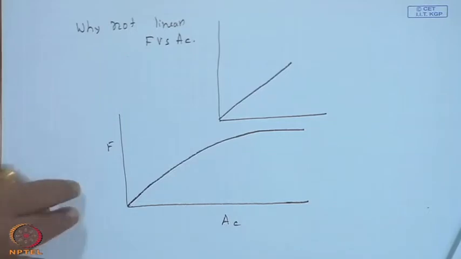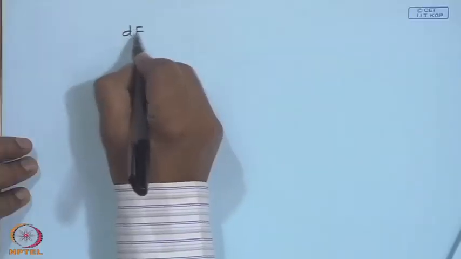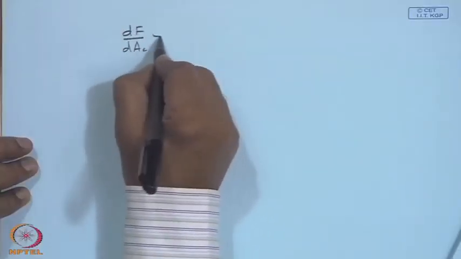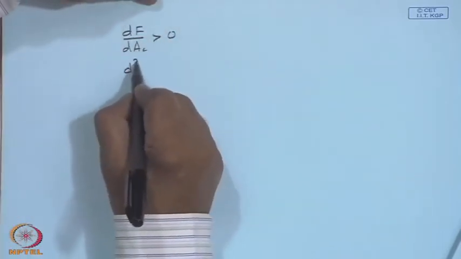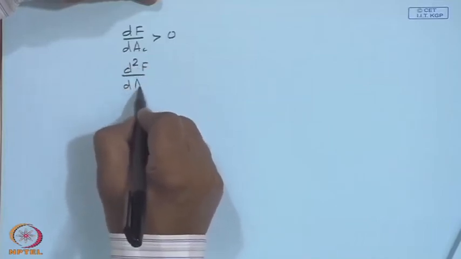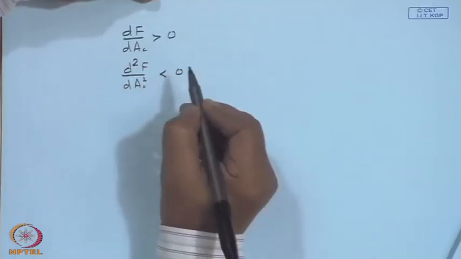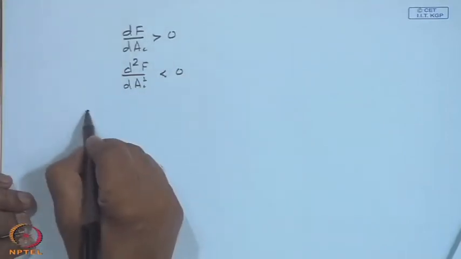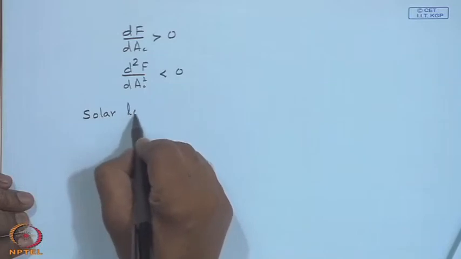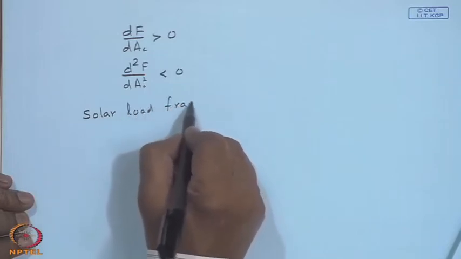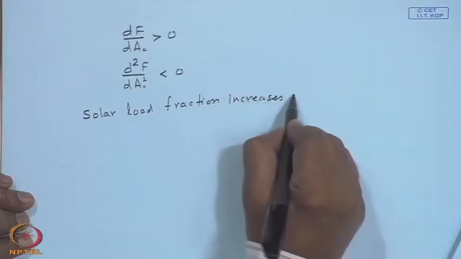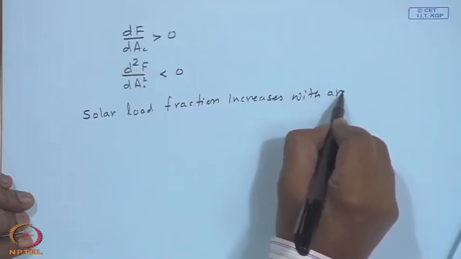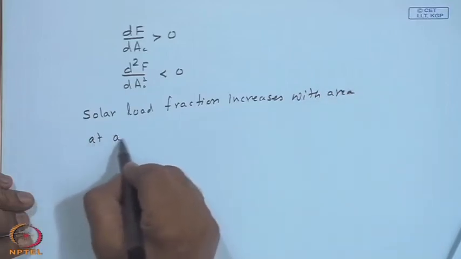So, this is, let us say, in a mathematical sense, dF upon dAc no doubt is positive, otherwise you will not put any additional area, but the second derivative is negative. In other words, solar load fraction increases with area at a decreasing rate.